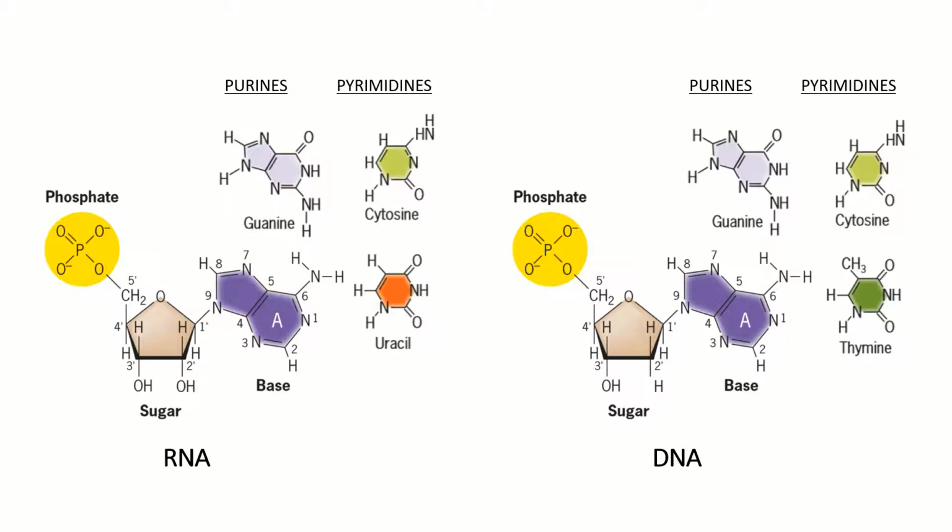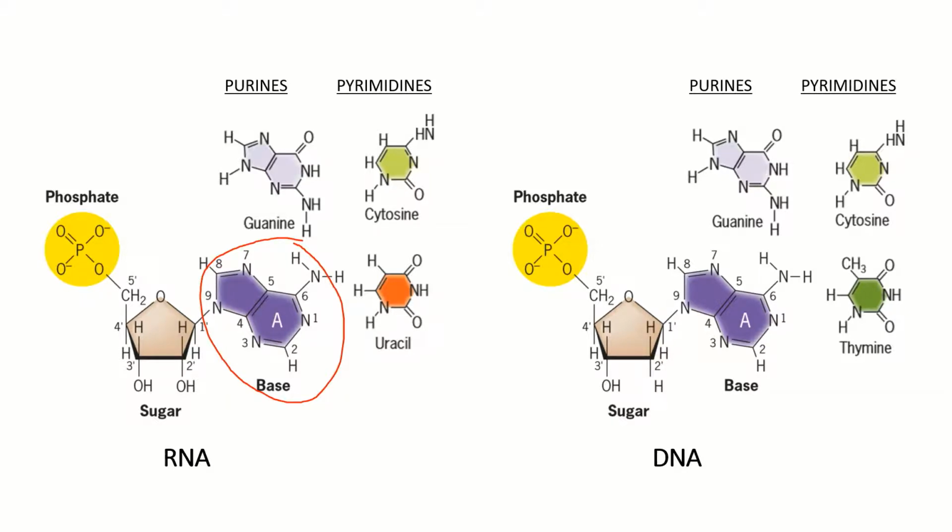The base could be either adenine, shown here with the letter A, or guanine. Adenine and guanine are purines, and their structure is composed of 2 rings, as we see here. Or it can be cytosine or uracil. Cytosine and uracil are pyrimidines, and their structure is made of only 1 ring of carbon atoms.